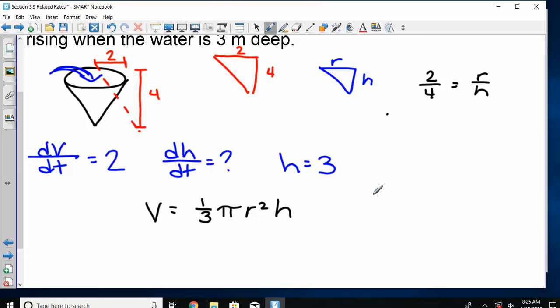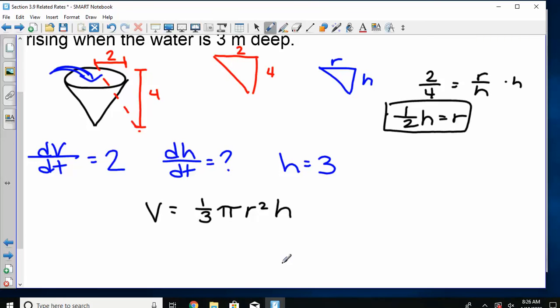I want to get rid of my r because ultimately I'm looking for dh dt. So I want to keep h. So if I solve for r up there, you could just multiply over your h. 2 over 4 is 1/2 h equals r. So what this tells me is the radius is just half the height.